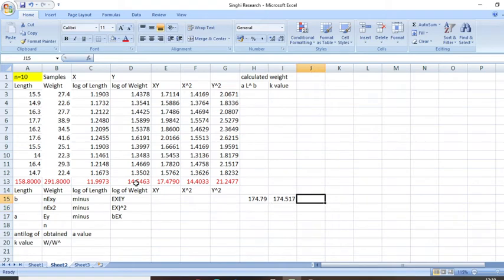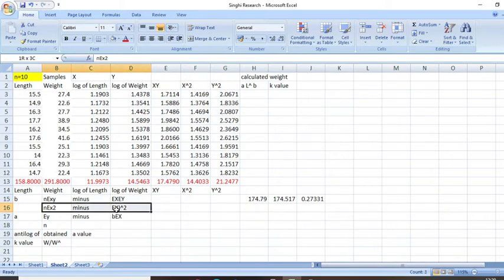So you got two different answers, that is summation of xy into n, you got this, and summation of x into summation of y, you got this. Now you have to perform the minus operation for the numerator, this minus this, to get the numerator value.